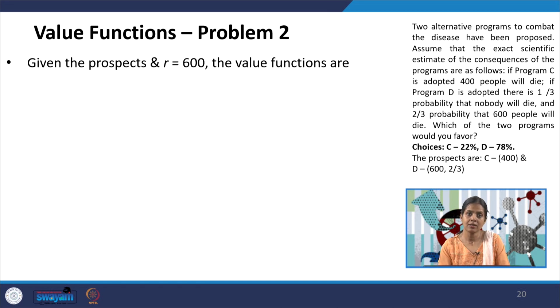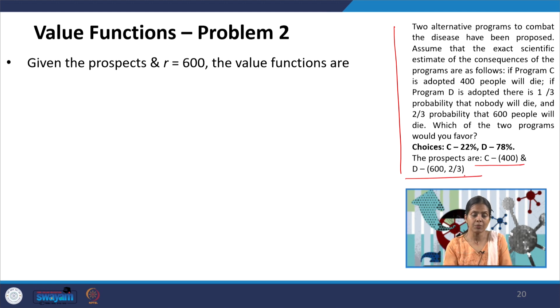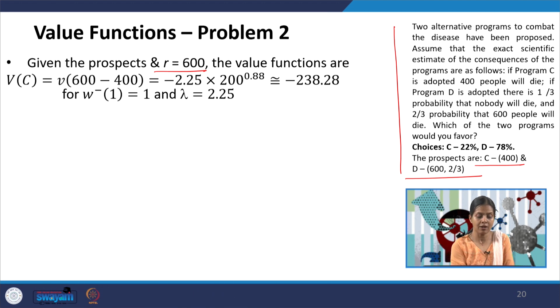Now, let us consider the value functions for problem 2. Again, problem 2 is reproduced here, and these are the prospects. Given the prospects, here the reference value is 600. The value functions are, first of all, for C. Again, you know that w minus 1 is also equal to 1.